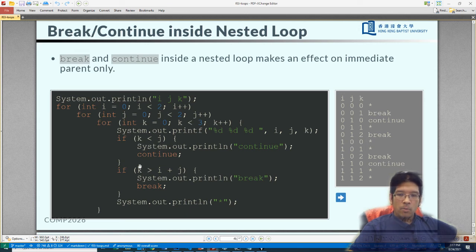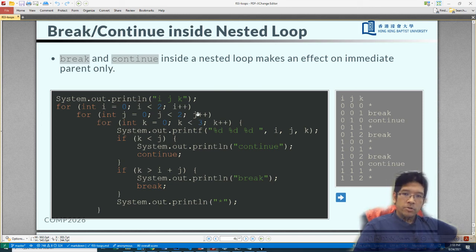But K, which is 1, is larger than 0 plus 0, so this is fulfilled, and we say break. When we say break, it breaks the K loop. When it breaks the K loop, it goes to the remaining code of the J loop, which has nothing. So we increment the value of J by 1, and so J equals 1.